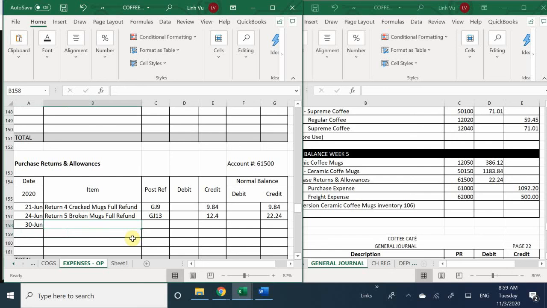What are we going to place here? Ceramic mug inventory, maybe? Yeah, does that make sense? Mm-hmm. Okay.